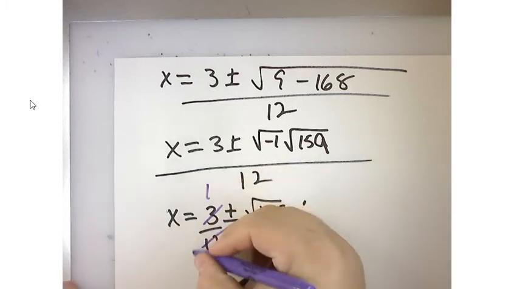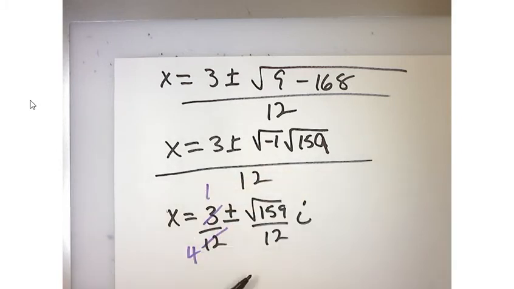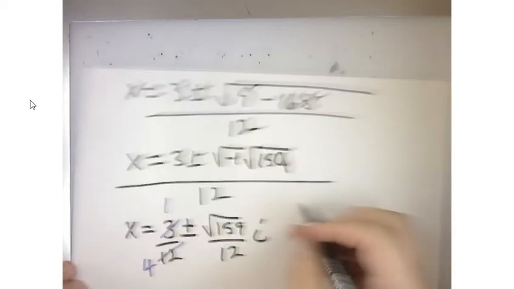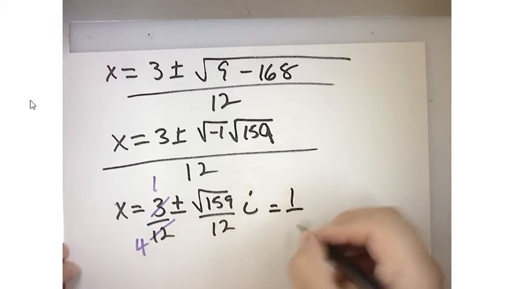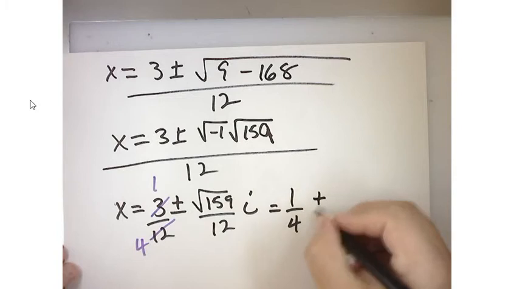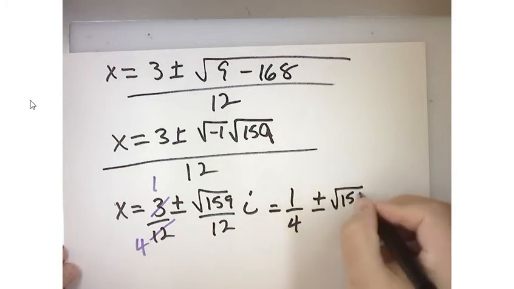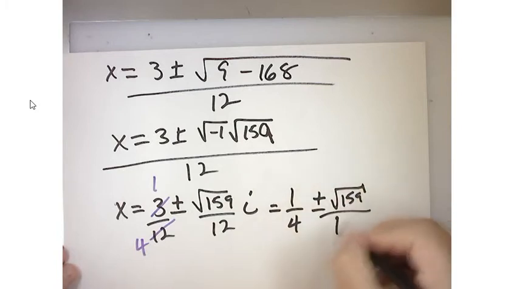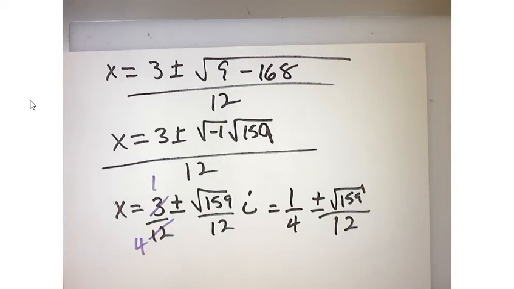If I divide this by 3, I get 4. So it's 1 over 4. In other words, this is the same as 1 over 4 plus or minus the square root of 159 all over 12. And really 159 I think may even be a prime number. Or it might be divisible. Let me see, 6. No, it's divisible by 3, but you can't take the square root of 3.